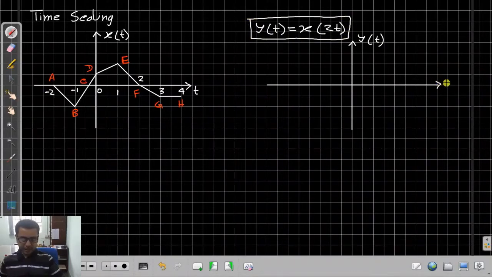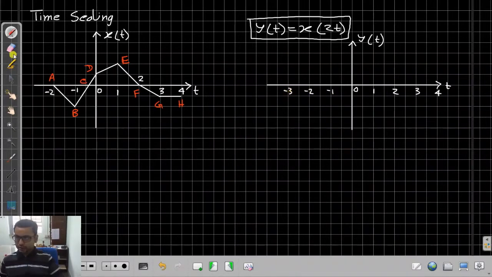This is time axis. This is t equal to 0, 1, 2, 3, 4. Here -1, -2, -3 and so on.